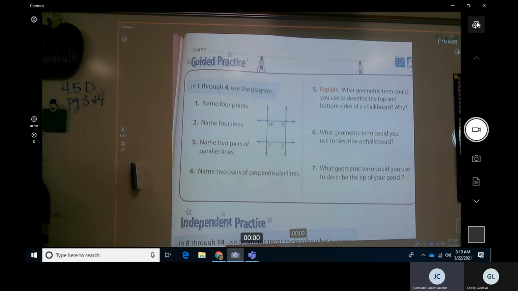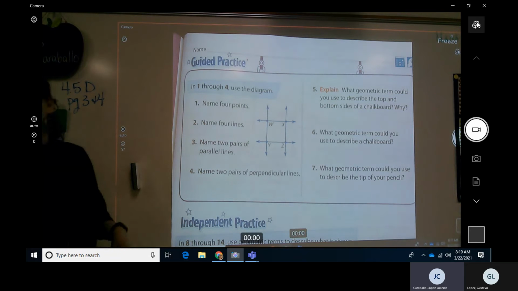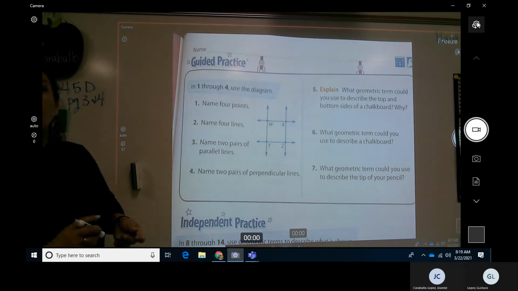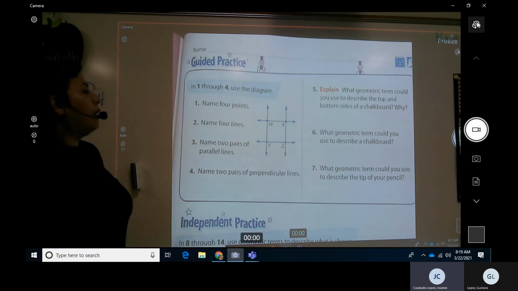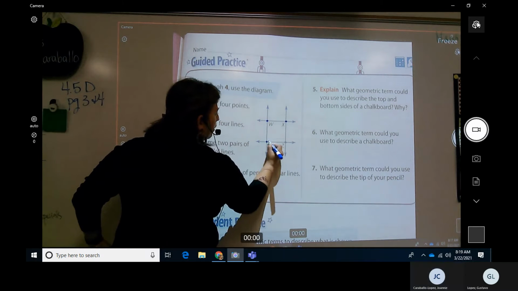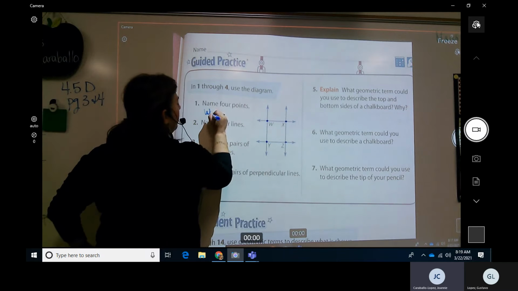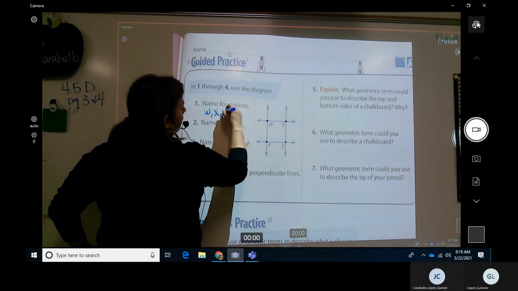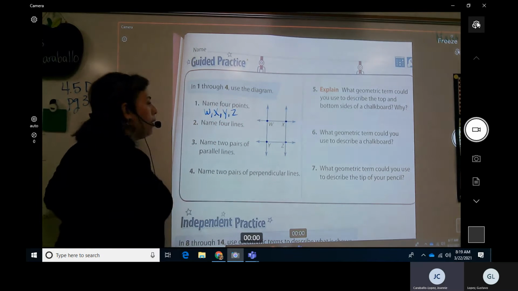So in problem number 1, what are my 4 points, guys? En el problema número 1, ¿cuáles son mis 4 puntos? Perfectos. Aquí están mis puntos, ¿verdad? So así lo voy a escribir. W, X, Y, Z. Estos son mis 4 puntos.